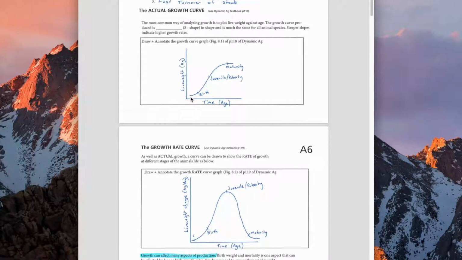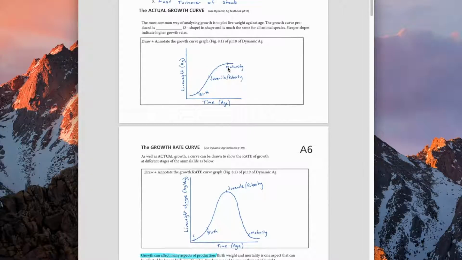So here you have the animal being born at a certain weight, and then you have a very quick increase in live weight here. The time that happens is what we term juvenile or puberty, when they're increasing very quickly. And this is the time when their food conversion ratio is at its most efficient. They're putting on a lot of weight for what they're eating, so they're very efficient at this point.